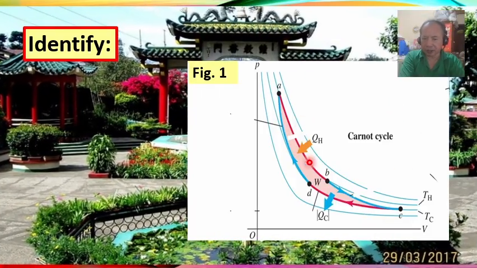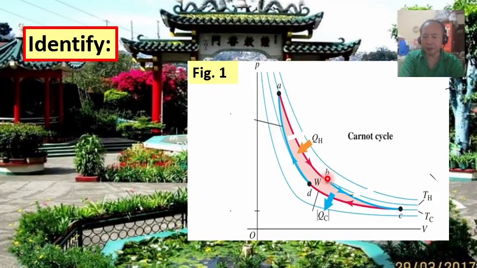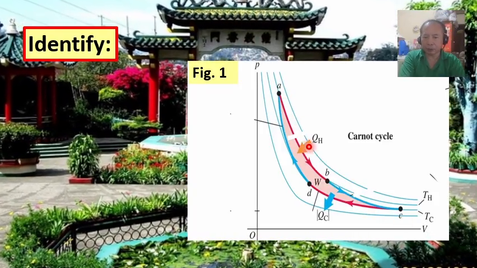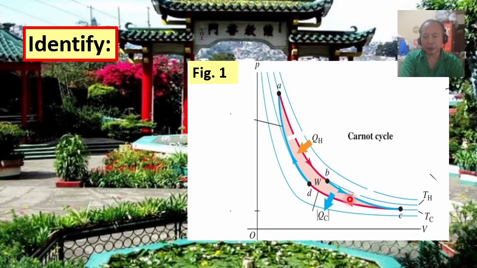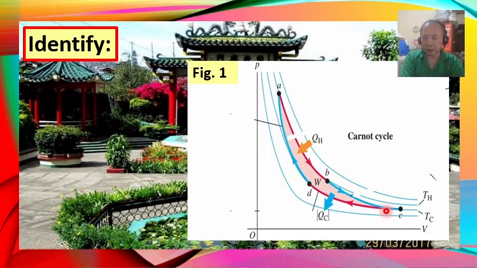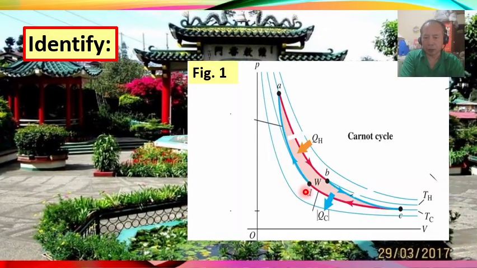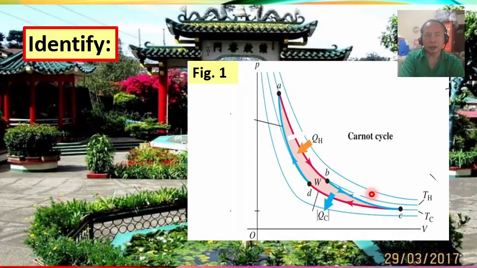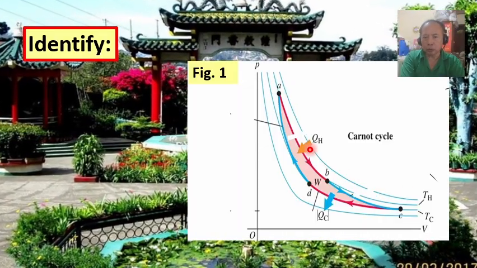So in this PV graph, the red curves or lines are what we call isotherms, or curves of constant temperature. And the dark blue lines are what we call adiabats, or curves with zero heat flow.